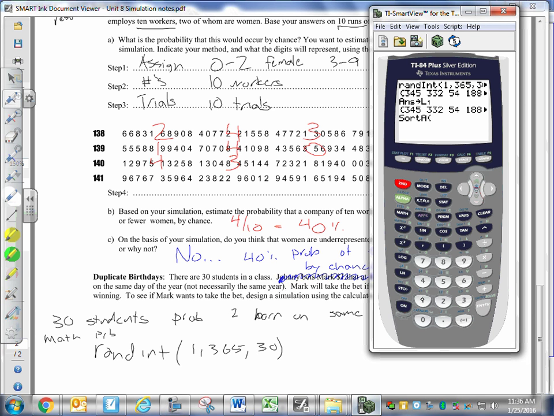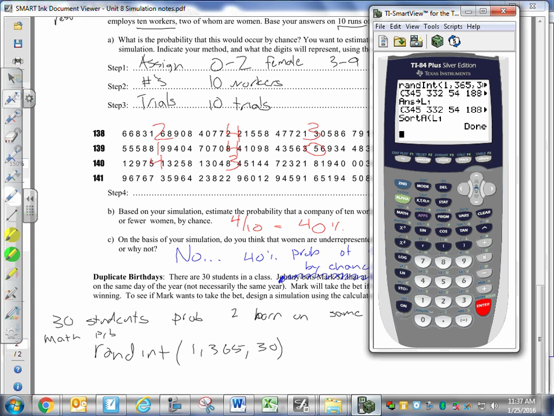Type in L1. How did you store it? Store L1. Then go to stat, sort A, L1. Okay. Sorry. I think I have to clear mine. Sort A, L1.